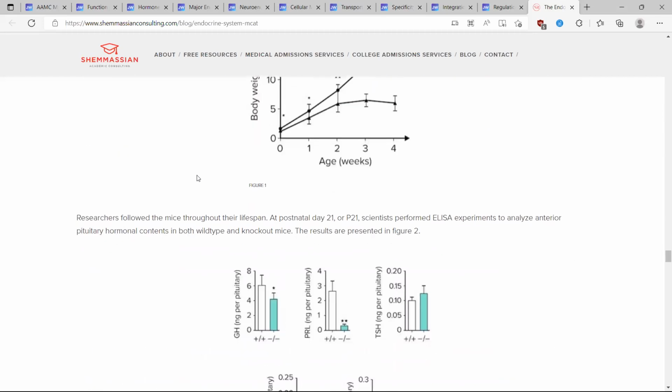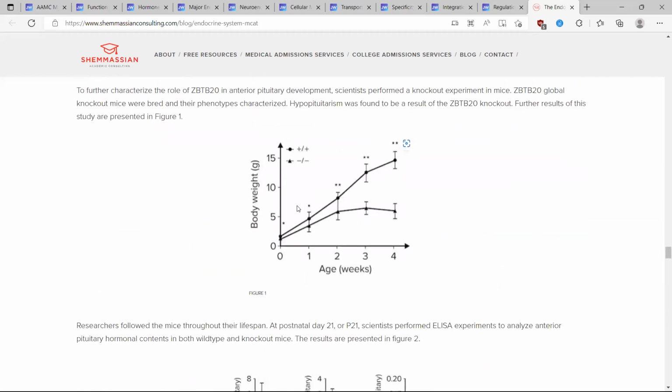And so now we can look at these graphs. We see the body weight. Remember I talked about these little stars, what do these stars mean? If it's a little star, P is less than 0.05. If it's 2 stars, P is less than 0.01. So this is just the confidence interval, right?